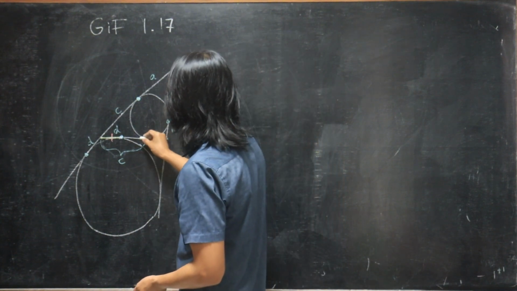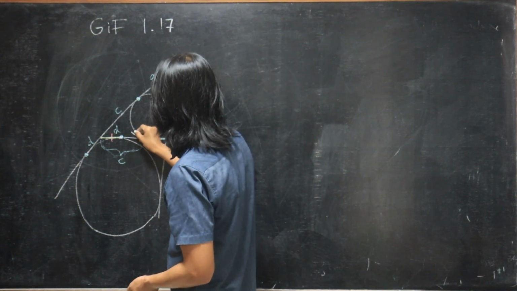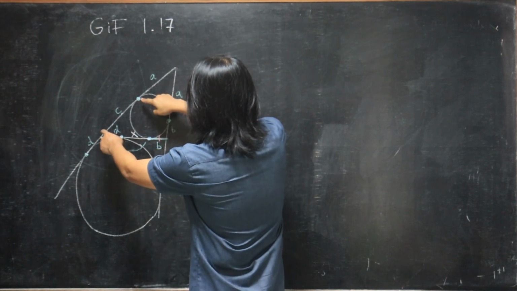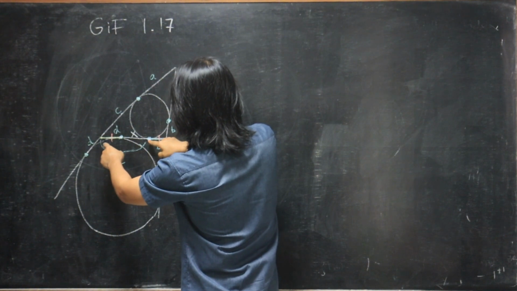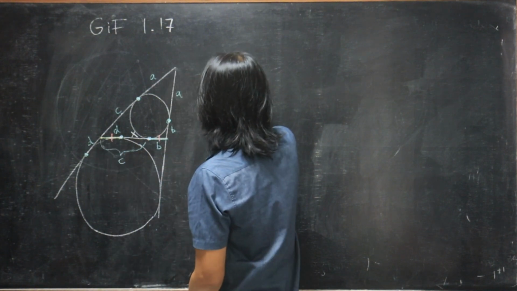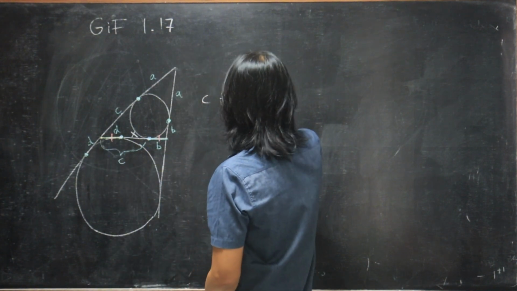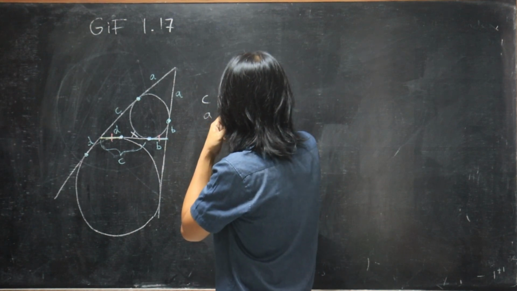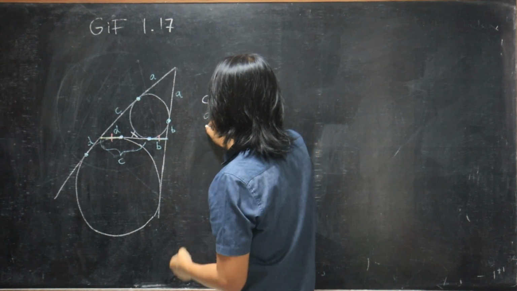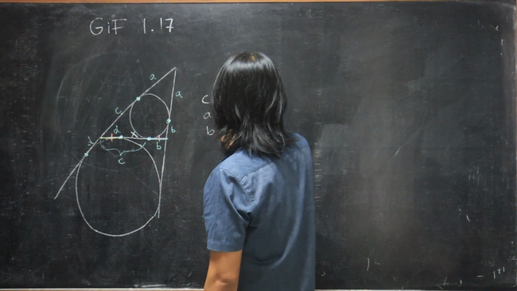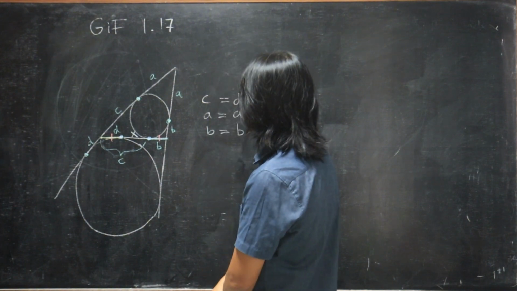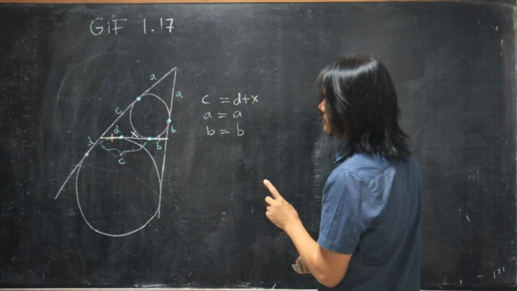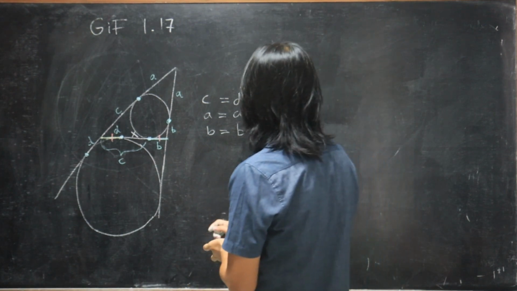Okay, so let's call this X. From the picture we can see that C is equal to D plus X, right? A certainly is equal to A, B certainly is equal to B. So what else do we see?